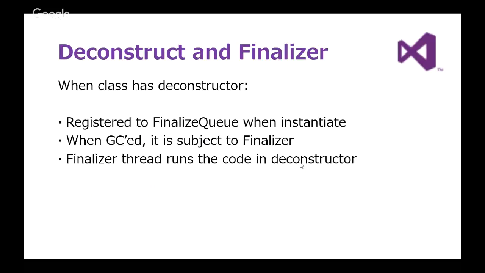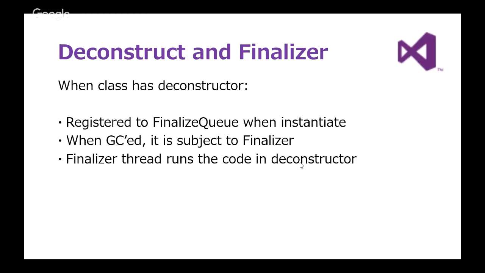So destructor and finalizer. When your class has a destructor, regardless of whether it has something to do or nothing, what happens is that when it is initialized by using the new keyword, it is registered in the finalize queue. So the .NET framework, or CLR, recognizes that this object has to go to the finalize queue when it is disposed because it has a destructor method.